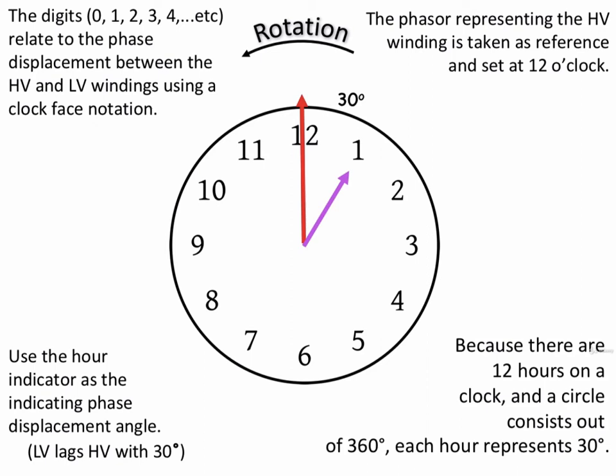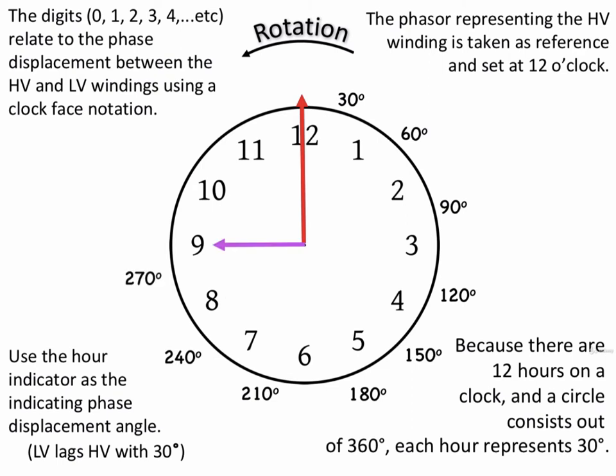For example, 2 o'clock is 60 degrees, 3 o'clock is 90 degrees, 4 o'clock is 120, 5 is 150, 6 o'clock is 180, 7 is 210, 8 o'clock is 240, 9 o'clock is 270, 10 is 300, 11 is 330, and 360 puts us back at the 12 o'clock position. This can also be referenced as 0 degrees, so it could be 0.